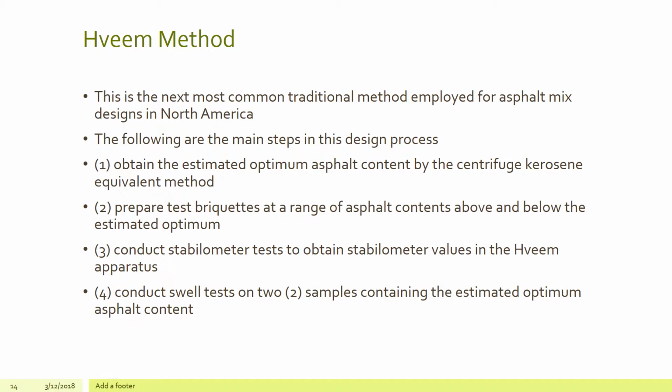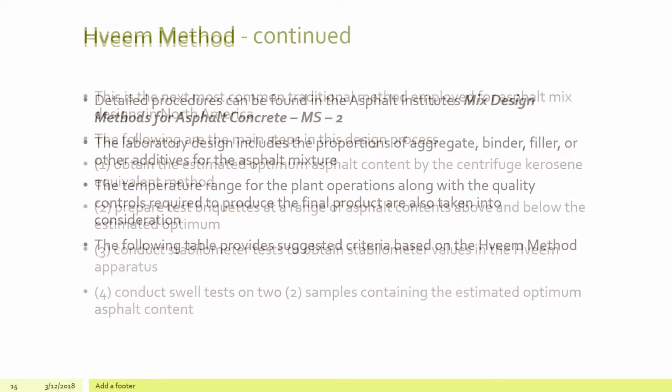We prepare the test briquettes at a range of asphalt contents above and below the estimated optimum. We conduct the stabilometer test to obtain stabilometer values in the Hveem apparatus. We conduct swell tests on 2 samples containing the estimated optimum asphalt content.